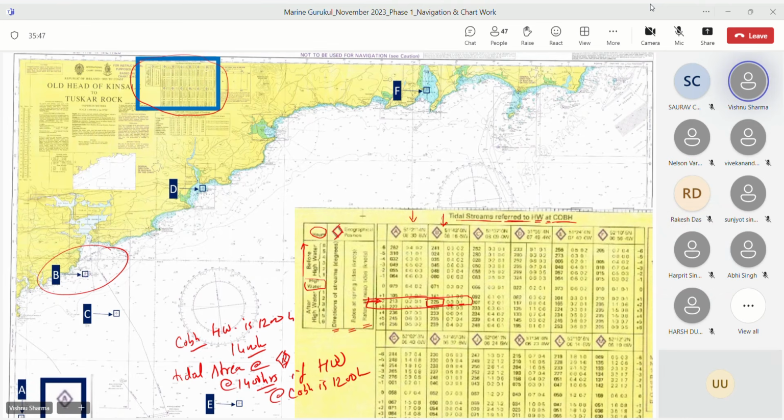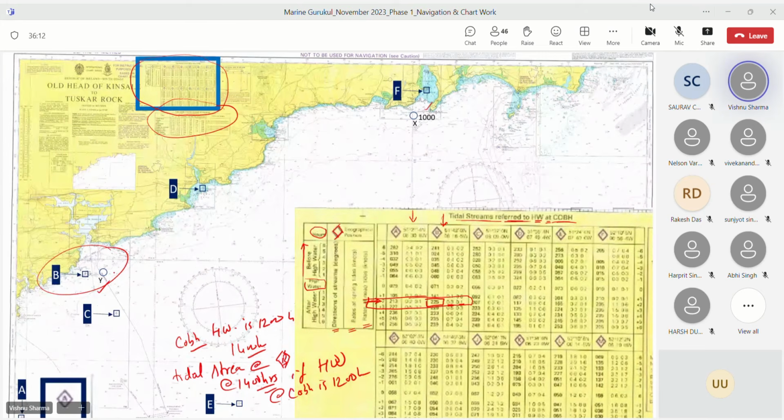And there is one more table below this, which gives the height of neap and spring tides. Okay, I'll come to that. You see, what I've done is I'm taking a question set parallelly. Let us say the vessel is at X at 1000 hours and she wants to reach point Y here.